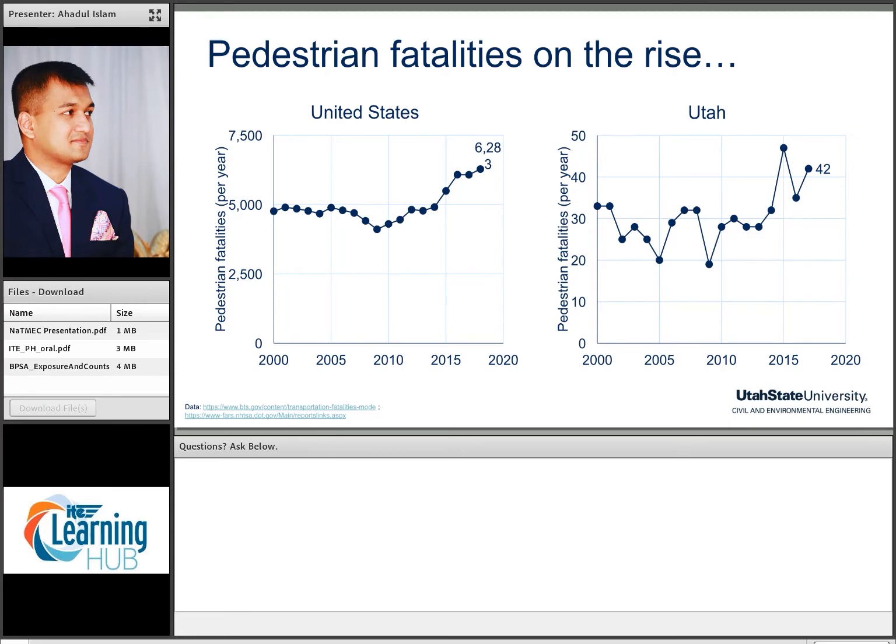That makes 2018 the deadliest year for pedestrians in the US. Utah is not immune to this issue and has also seen increases in the number and rates of pedestrian fatalities and injuries over the last 10 years. In 2016, nearly 40 deaths and 900 injuries to people walking on Utah streets and highways were reported.